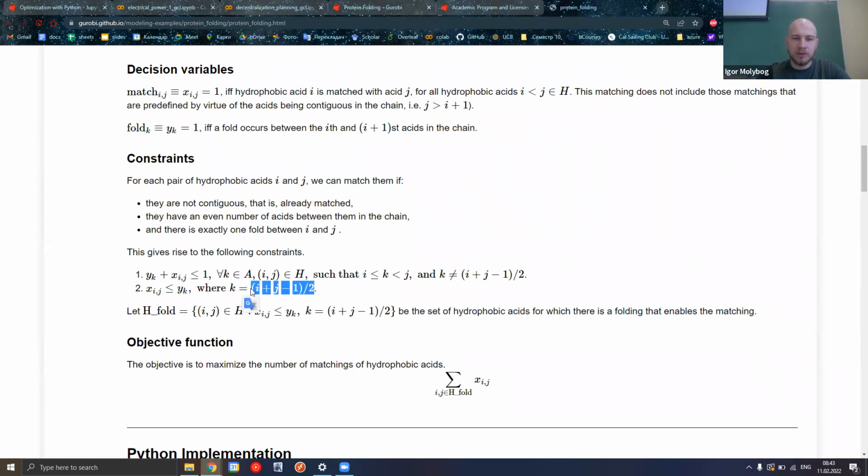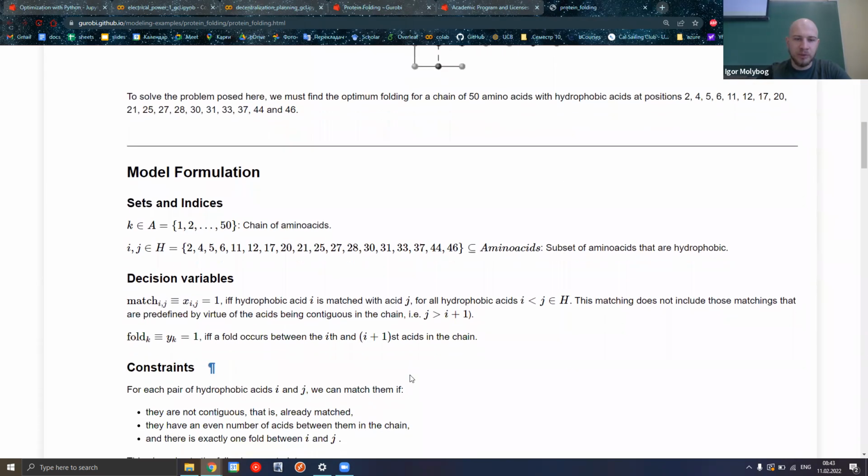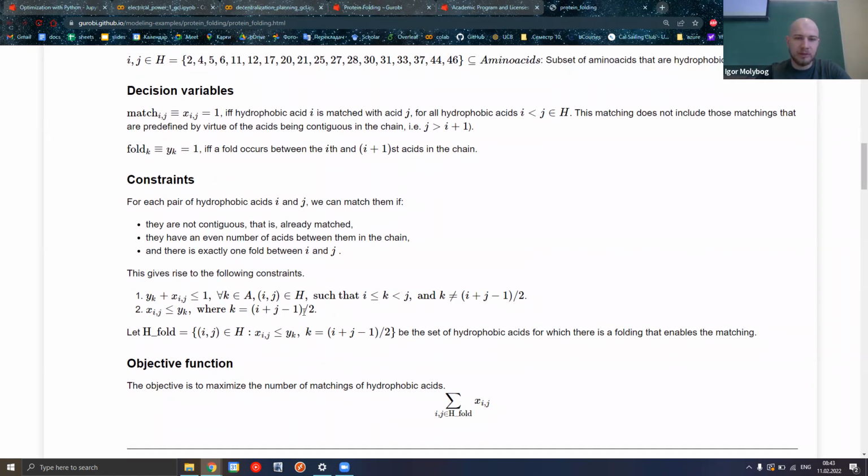We know that 4 plus 11 is 15, and 15 minus 1 is 14, and 14 over 2 is 7, which is exactly the location of this fold. So we just need to carefully calculate the middle in the space of indices. And this constraint prevents us from having extra matches that are not determined by any folding.